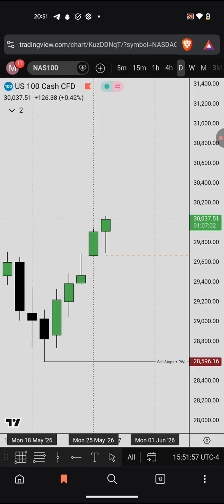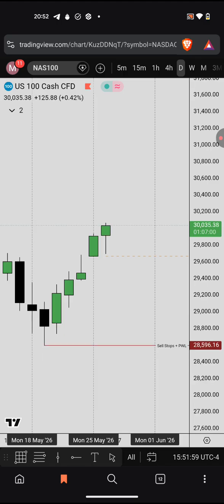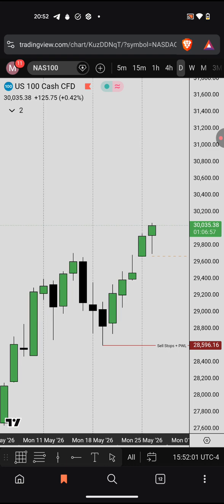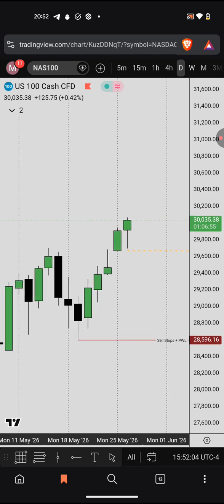So seeing the daily, we have already marked out our sell side liquidity and buy side liquidity, and we're already trading above the high. This is a market that is trading at all-time high, so we always expect to see a bullish market until we have a clear market structure break. Not market structure shift.